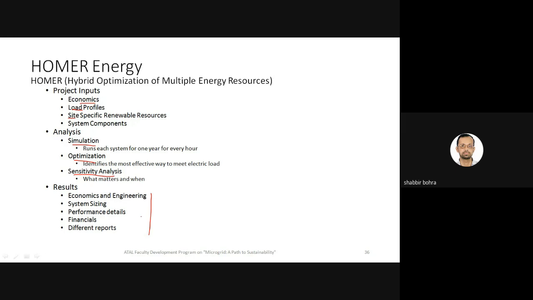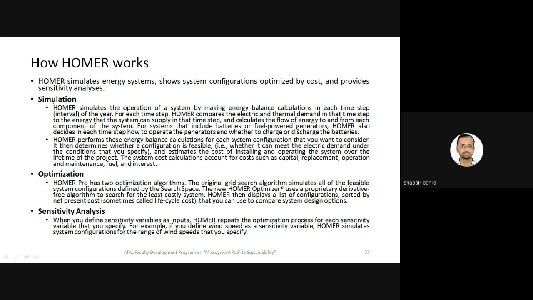You can even generate a report that may be treated as a feasibility report for a particular area and for a given size, setup, etc. How it works we have just explained. HOMER simulates the operation of a system by making every energy balance calculation in each time step interval of the year, and for each time step HOMER compares the electrical and thermal demand in that time step so that the demand can be supplied by the energy of the system in that time step.